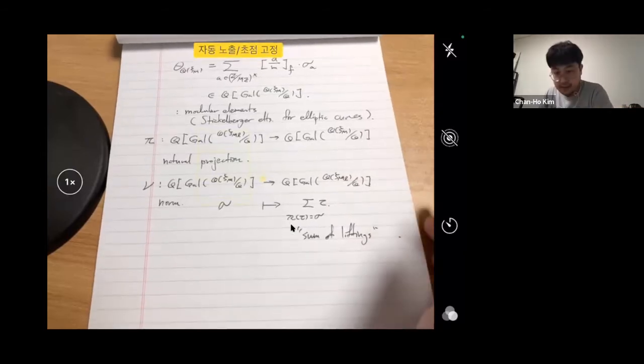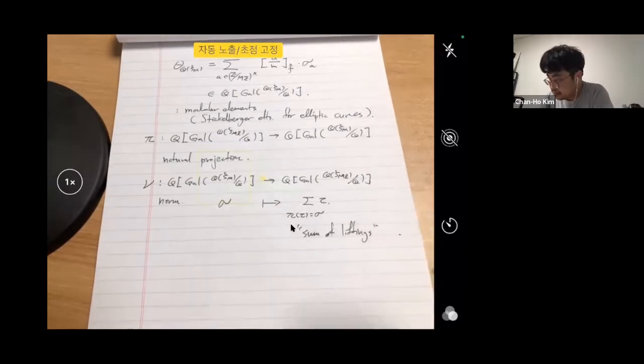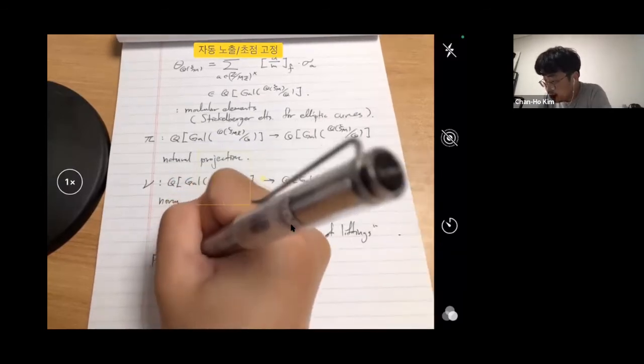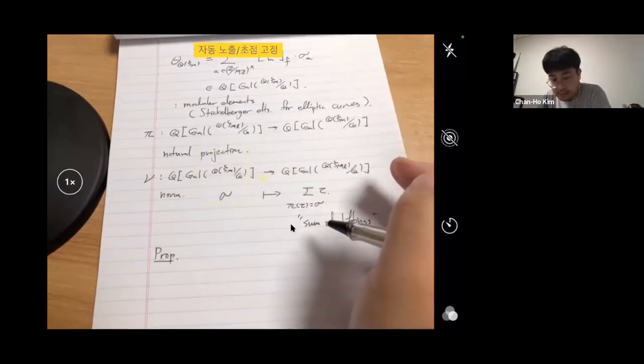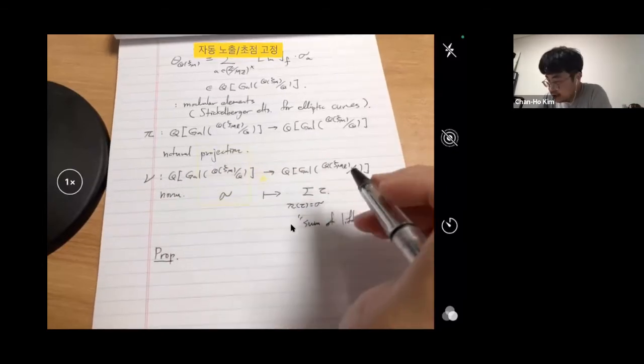And one proposition is a distribution relation for modular elements.